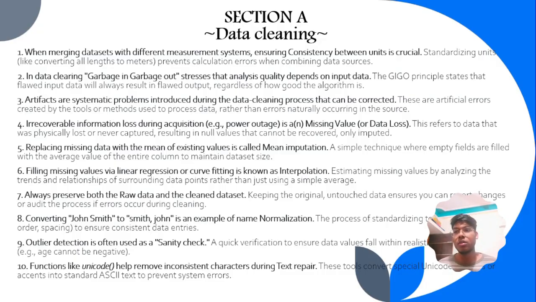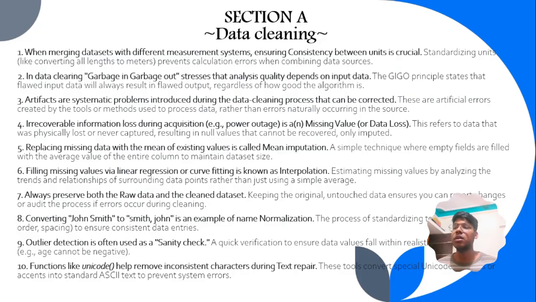So the point is that you can't clean what isn't there. We need a term to describe when information is physically destroyed or never captured in the first place. Irrecoverable information loss during acquisition, like a power outage, is a data loss or a missing value.